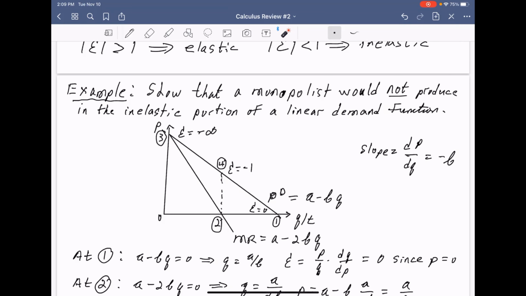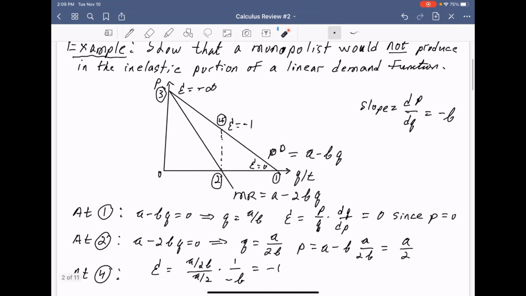So we look at these 3 points. At point 1 here, we know that the price of demand is equal to A minus BQ, but we know that this price is 0 at this point, so we have A minus BQ equals 0. Q is equal to A over B, which is this point here.